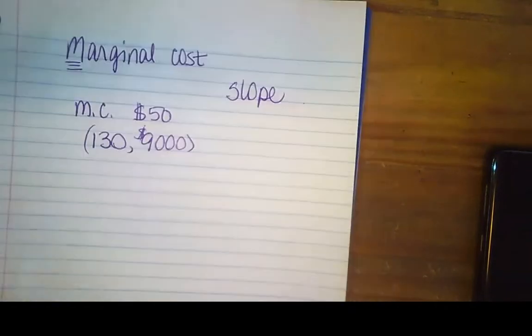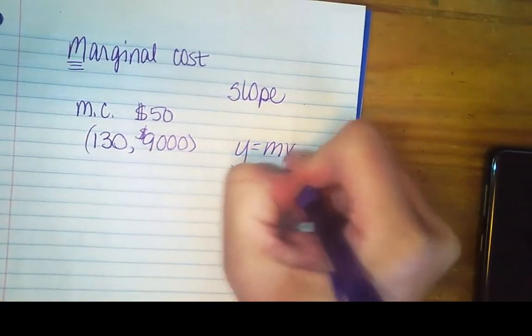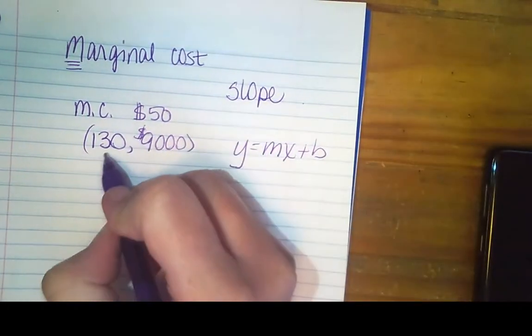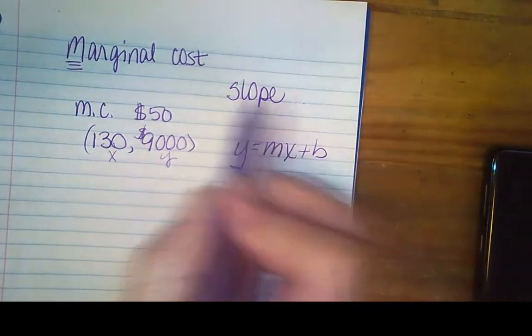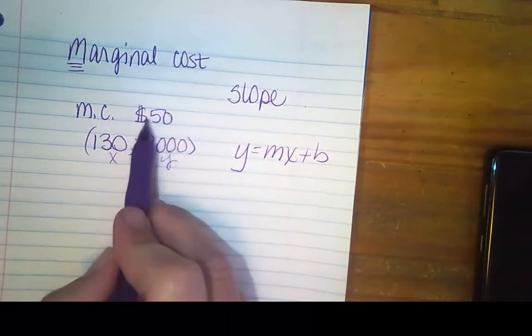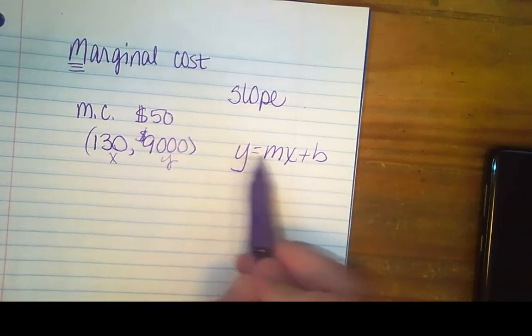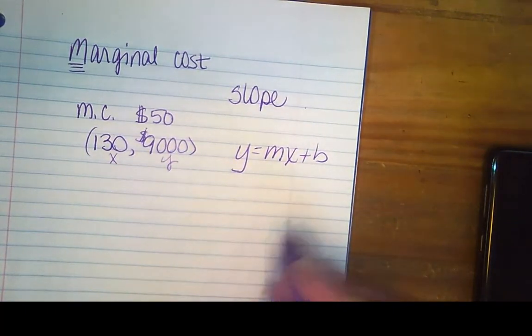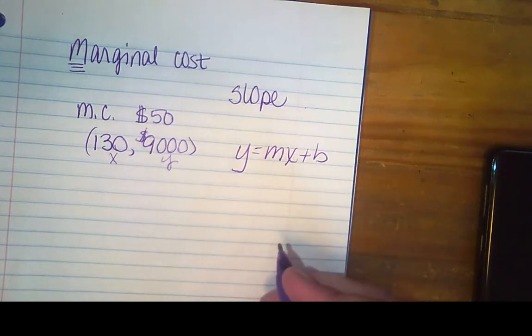So I need to know, how do I fix this thing? Again, everything in this section is going to go back to y equals mx plus b, because that's linear. So I'm given an x, and I'm given a y, and I'm also told my marginal cost, or the slope. So I know an x and a y and an m. What do I not know? I don't know my fixed cost. So my fixed cost, or my y-intercept, is what I'm going to be looking for.